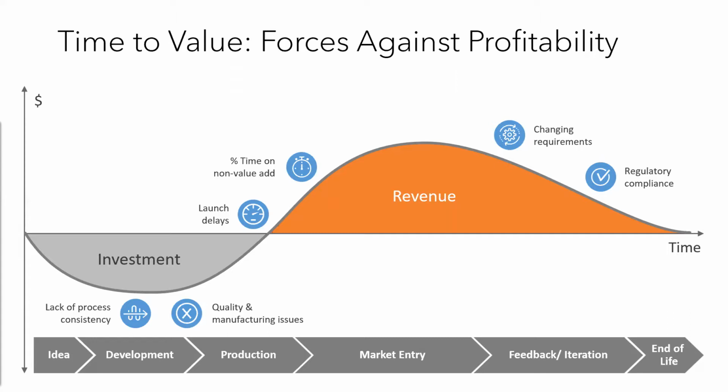If quality issues found in manufacturing are not tied back to design, they're typically lost and destined to be repeated. And if changing requirements are not visible to all stakeholders, this can mean time wasted on non-value added work, or worse yet, errors in production. And without proactive management, regulatory problems often find a way to come up at the worst possible time.